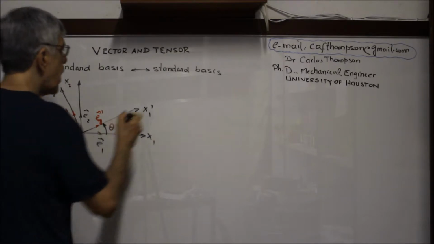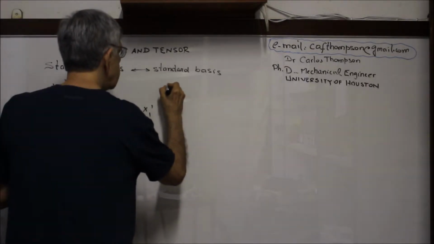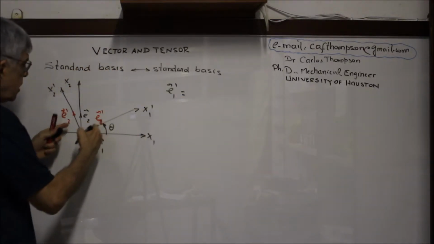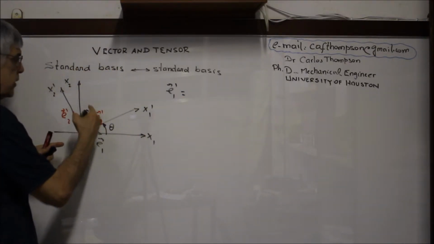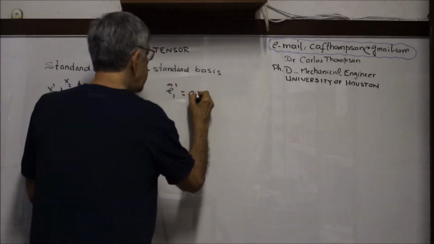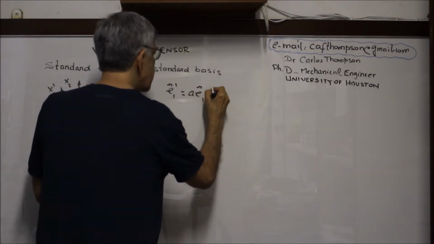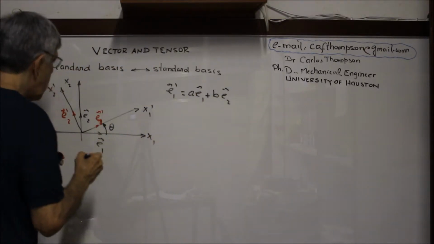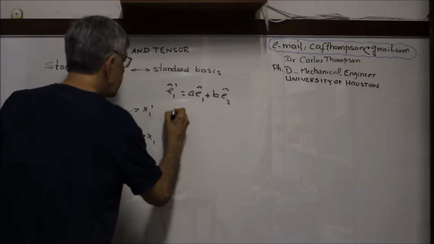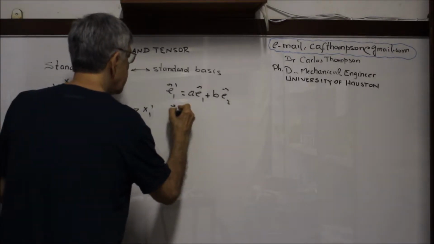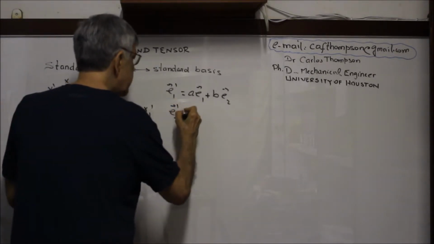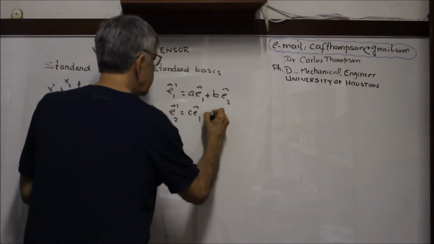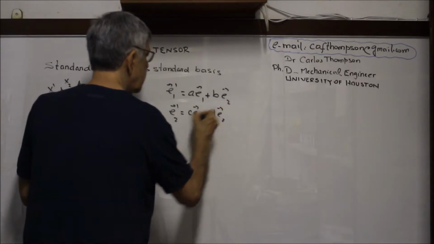So I can write E1 prime as a linear combination of E1 and E2. So it's A E1 plus B E2. Now E2 prime as a linear combination of E1 and E2.